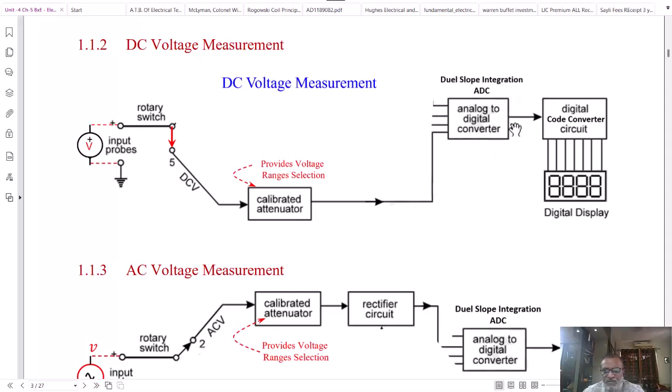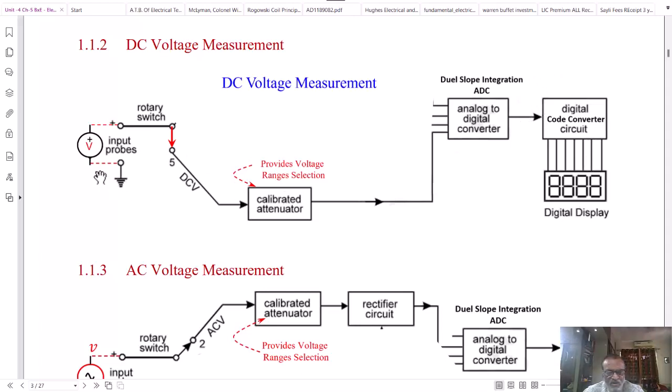The analog to digital converter then converts this 0 to 5 volt to a binary value from 000 to the maximum digital value which is displayable by the display unit. And the code converter and display unit directly display this value on the display.